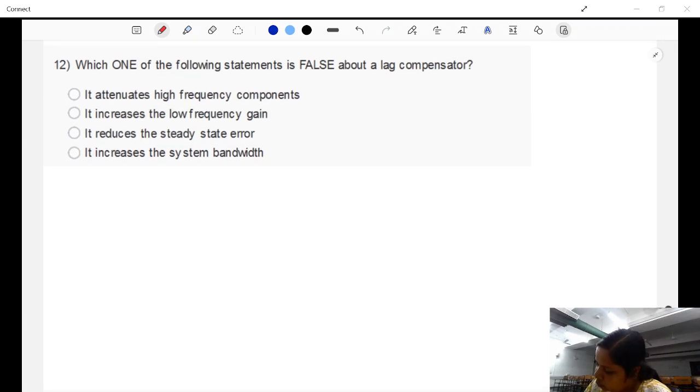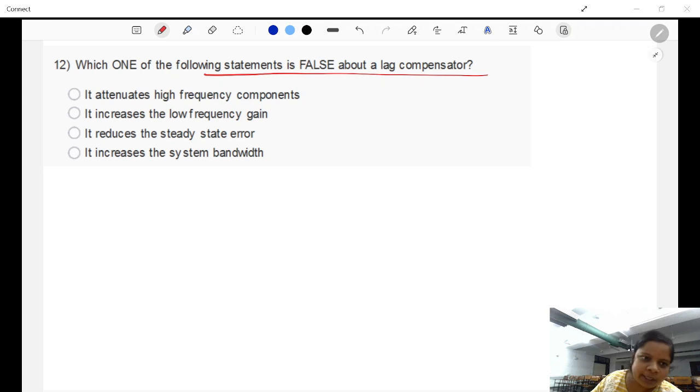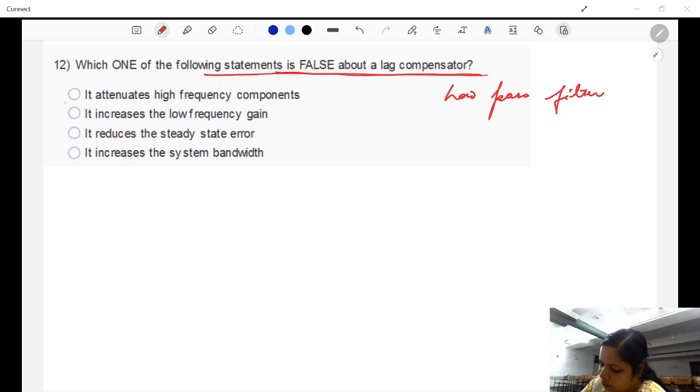Okay. Which one of the following statements is false about a lag compensator? So we already saw. Okay, let's go option wise. It attenuates high frequency components. So what we had seen, it is a low pass filter. So this is definitely correct because it really attenuates. It increases the low frequency gain.